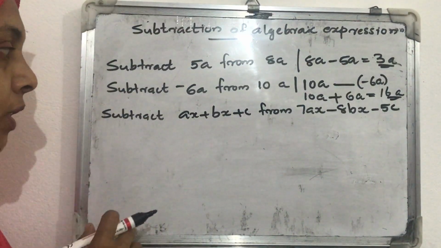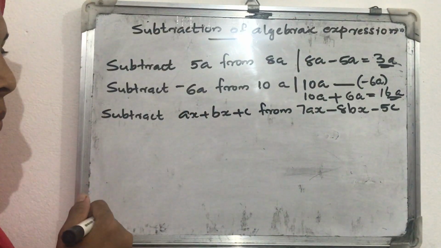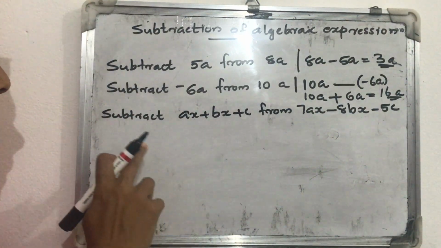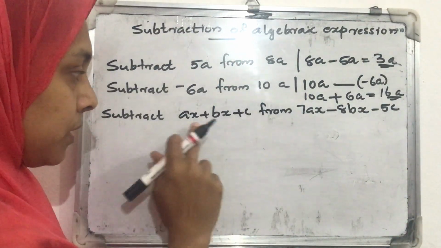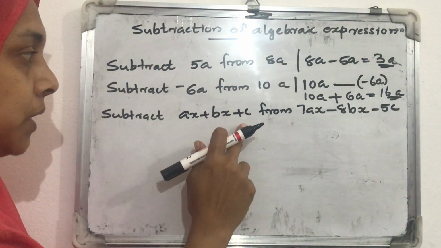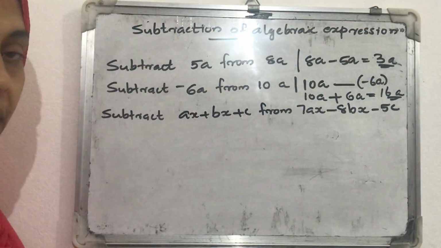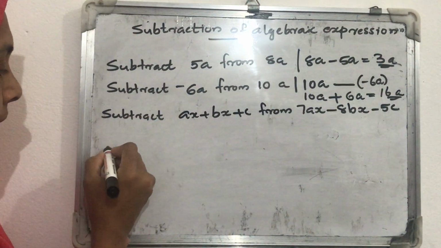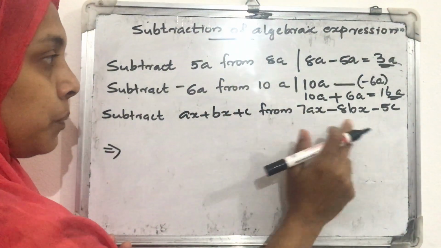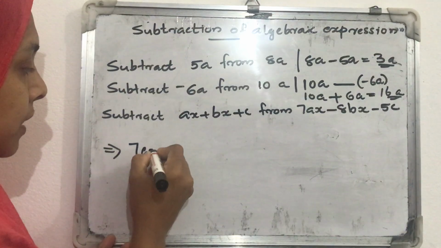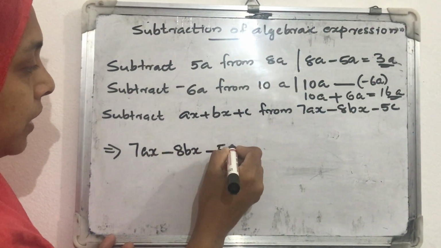If the algebraic expression is a binomial or trinomial, how can we do that question? Subtract ax plus bx plus c from 7ax minus 8bx minus 5c. First we write the expression from which we are subtracting, 7ax minus 8bx minus 5c.